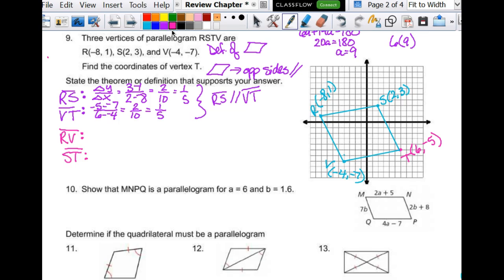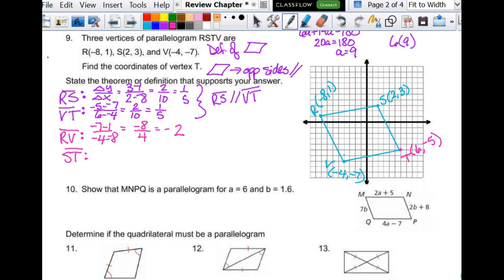Then for RV, it's going to give me negative 7 minus 1 over negative 4 minus a negative 8. So negative 7 minus 1 is a negative 8 over negative 4 minus a negative 8 is going to be a positive 4. So this gives me a negative 2, which again, by itself, doesn't really do anything.